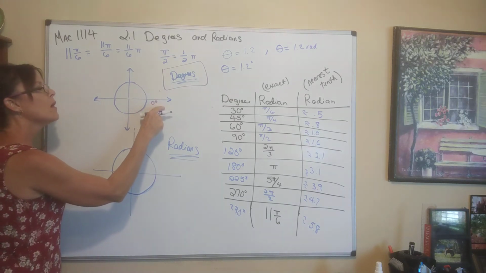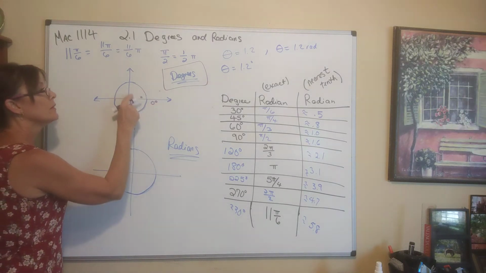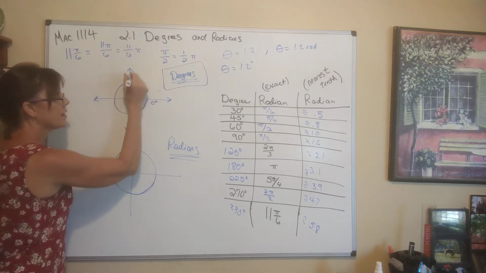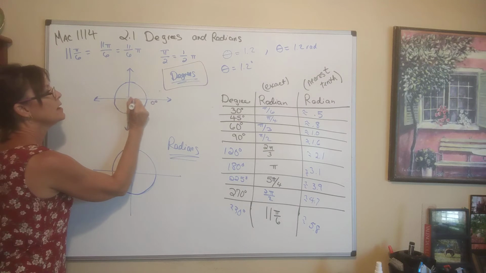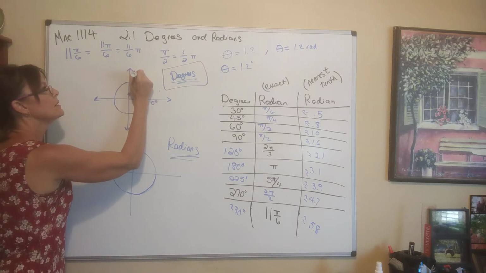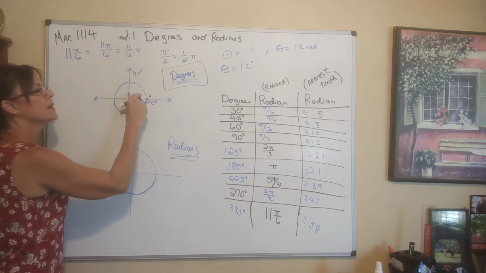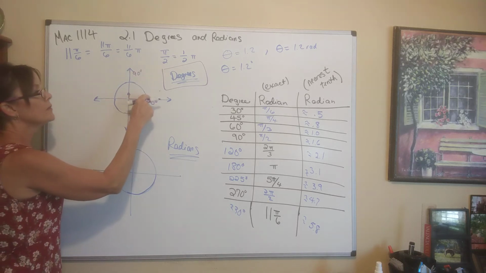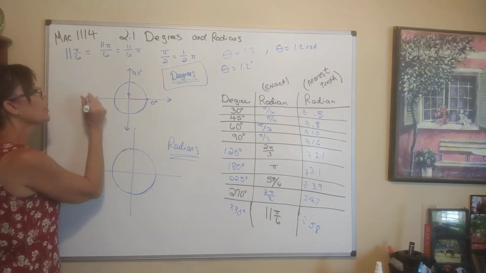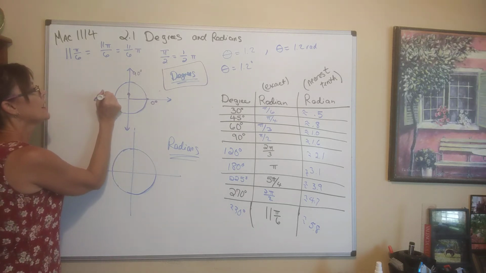And then we know a right angle, the x-axis and the y-axis meets at a right angle. We know a right angle is 90 degrees. So that means from here to here is 90 degrees. This angle right here would be 90. And then from 0 all the way to here, this angle right here would be 180 degrees.